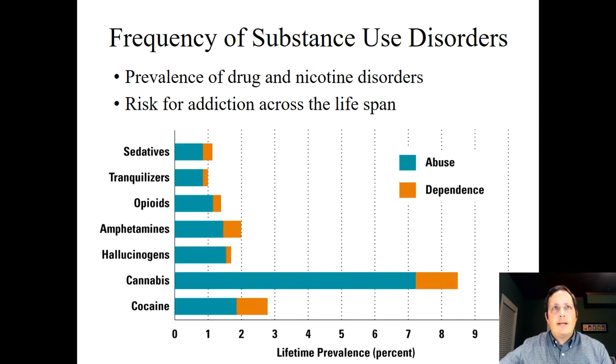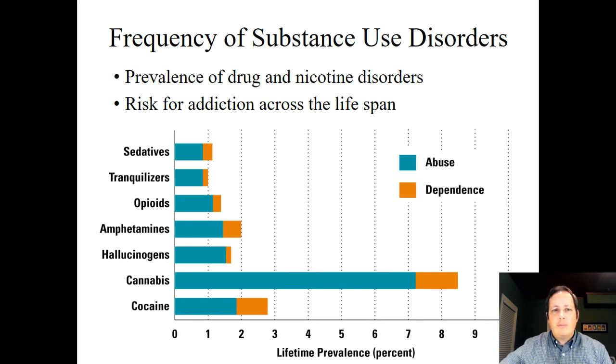So the next slide here is just the frequency of substance use disorders, where we have abuse versus dependence, and the lifetime prevalence. You can see, not surprisingly, of the drugs there, that cannabis or marijuana is the highest, probably going to increase due to the movement in our country with more recreational usage. And you can see the rest of them a little bit further behind. Cocaine, amphetamines, opioids.